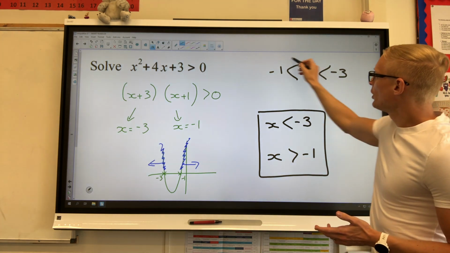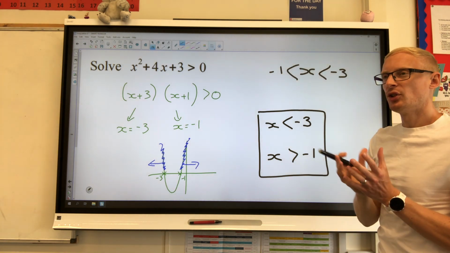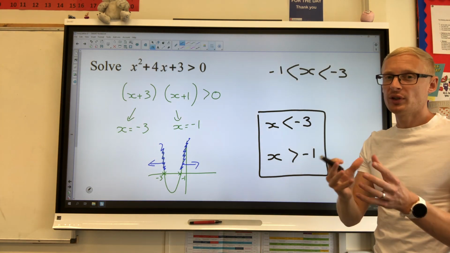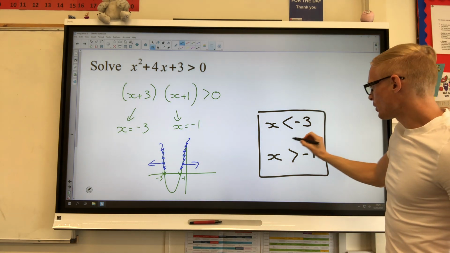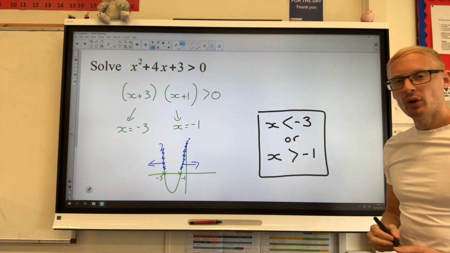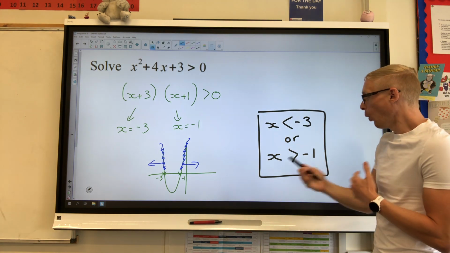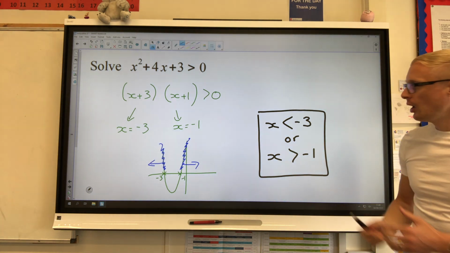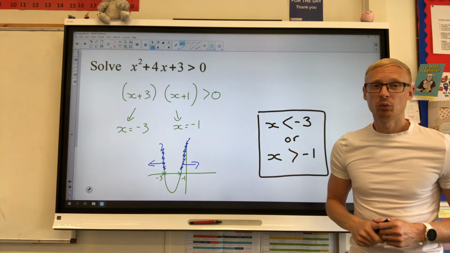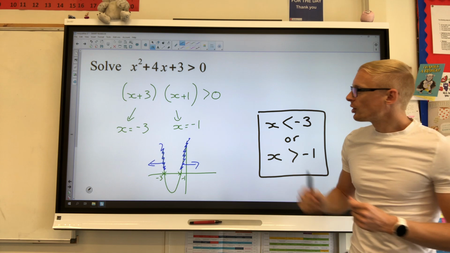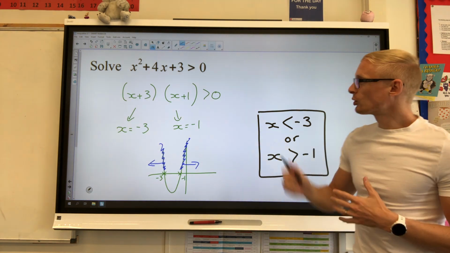So therefore you can't write that in one inequality because there is no number that actually satisfies both those inequalities at the same time. What we've got here is actually this. Okay, we've got x is less than negative 3 or x is greater than negative 1. Those are the two sections that generate a positive y value. Okay, so that's where it just changes a bit when it's greater than.